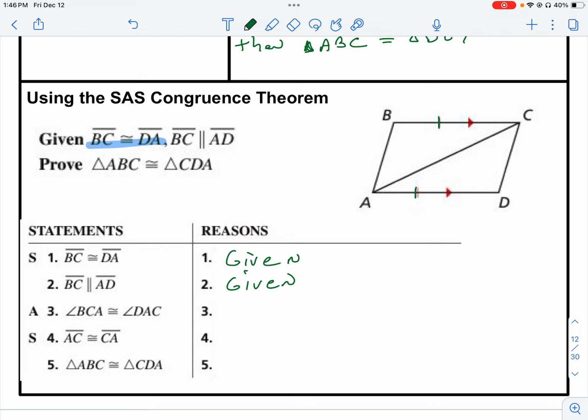Angle BAC is congruent to angle BCA. Angle BCA is congruent to angle DAC.